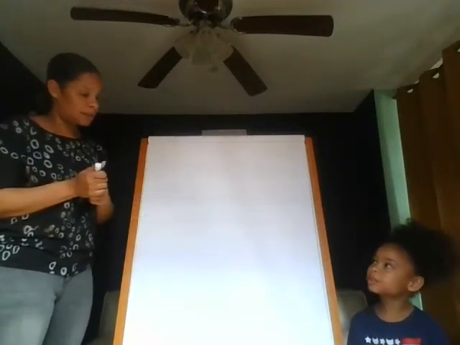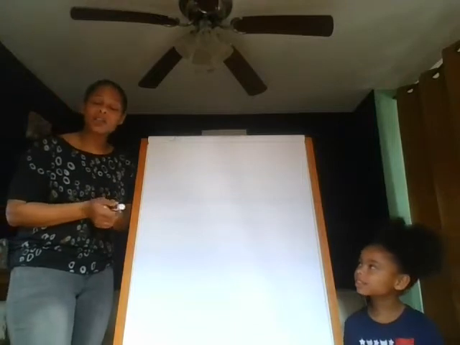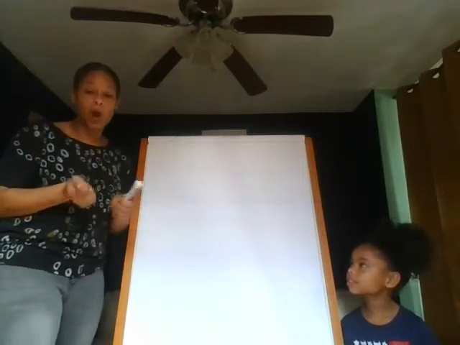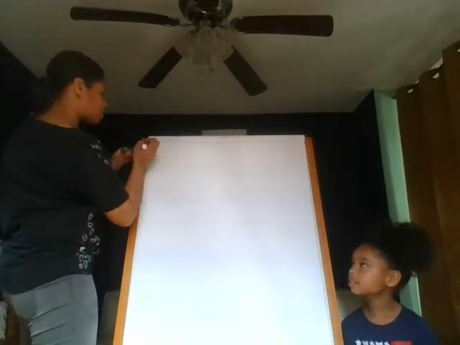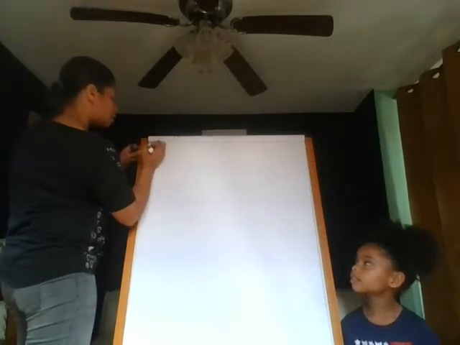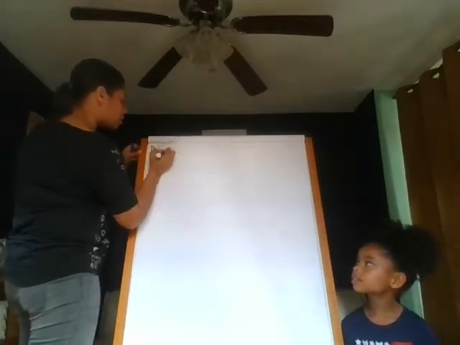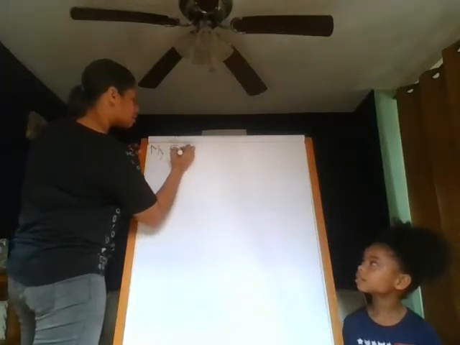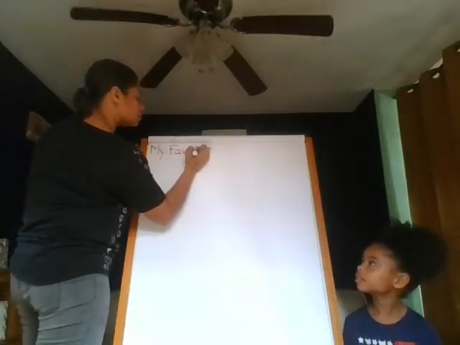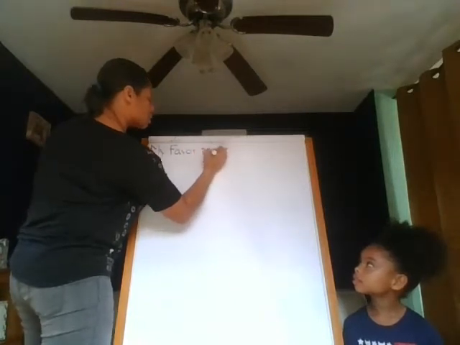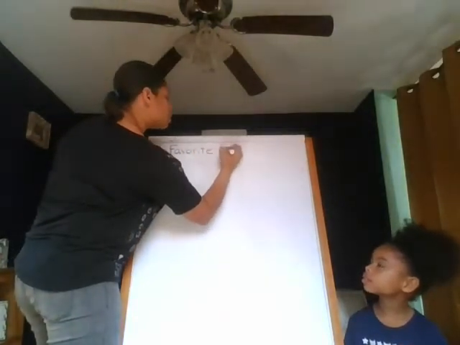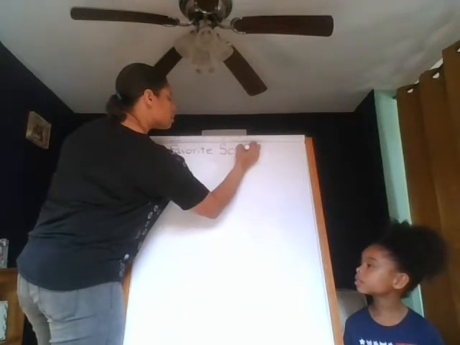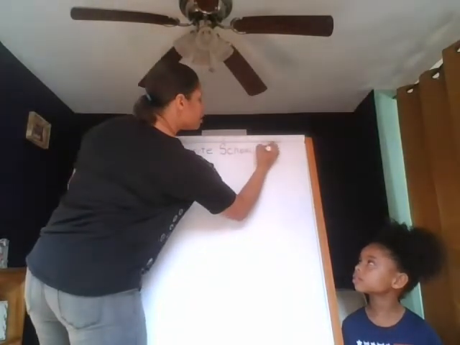My favorite school subject. Okay, so Olivia thinks our title should be My Favorite School Subjects because we're talking about school subjects. So I'm going to write up here, my favorite school subjects.